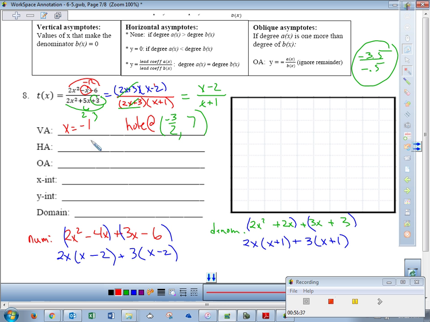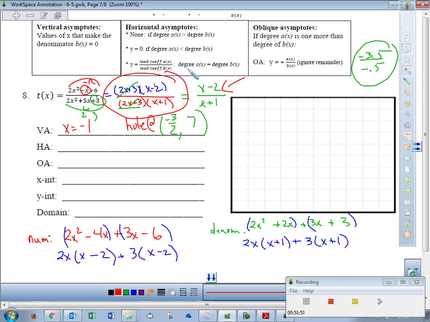Horizontal asymptotes. You don't need this information from the hole, because there won't be anything at the hole. There's a hole there. You read this guy. Horizontal asymptote. I'm sorry, I was thinking about the intercept. That's my fault. Horizontal asymptote, we have to read this. Degree is 2.